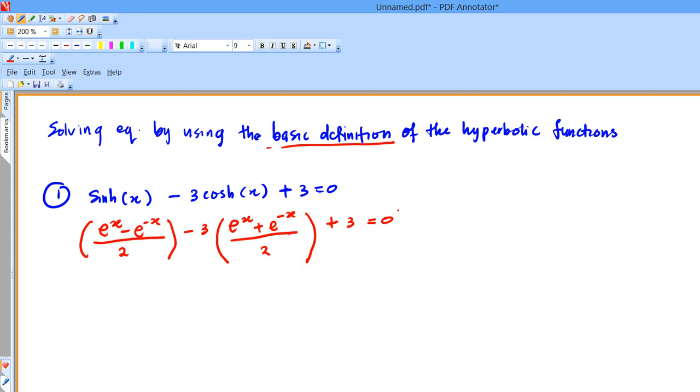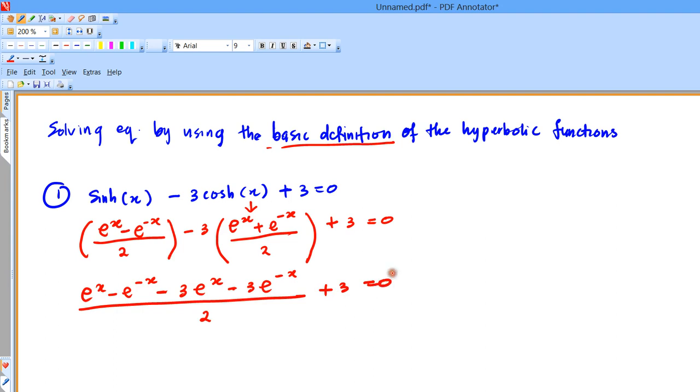Next step, we want to expand the second term, and we have denominator 2. So we have e power of x minus e power of negative x minus 3 e power of x minus 3 e power of negative x over 2 plus 3 equal to 0.